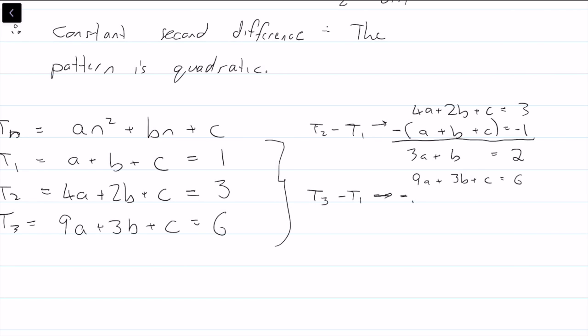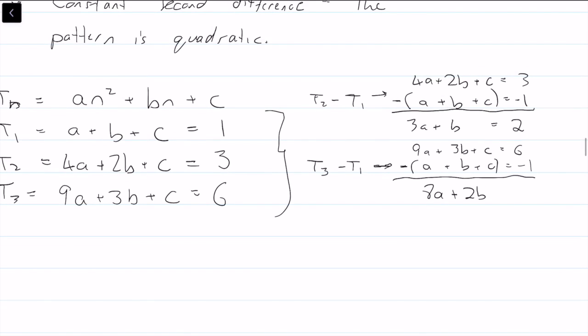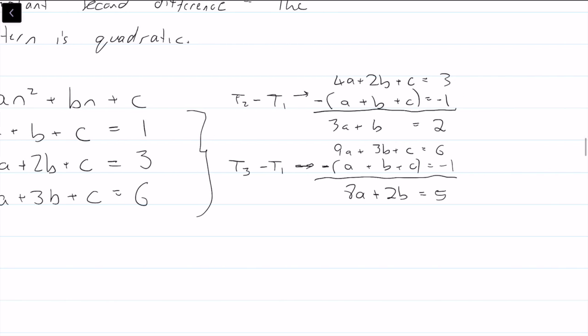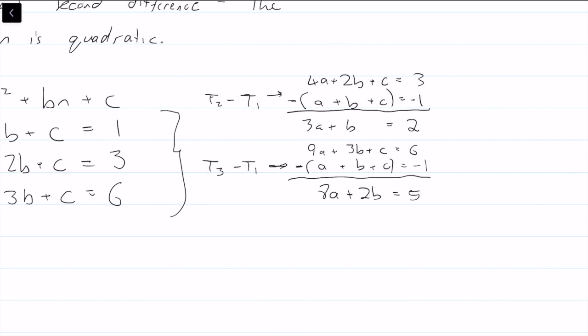So I subtract a plus b plus c equals 1 once again. That's going to be 8a plus 2b is equal to 5. Once I've done that, now I've got two equations, these two equations to be specific, that one and that one.